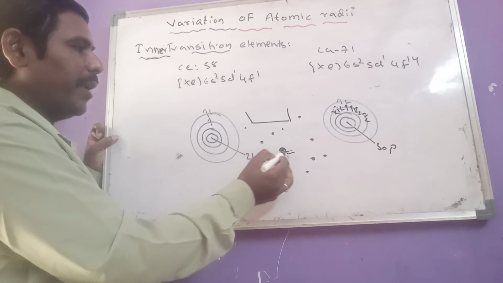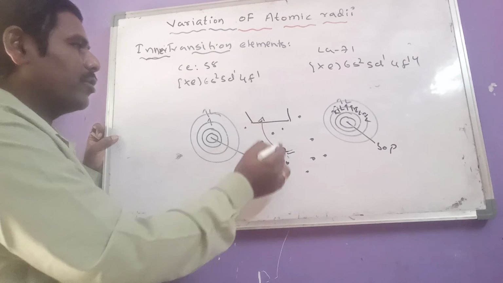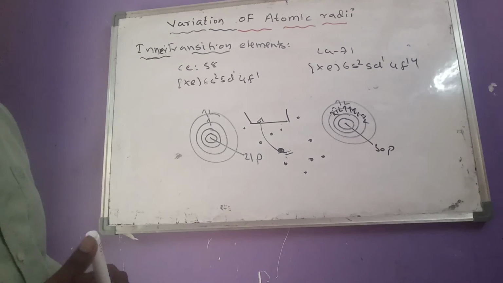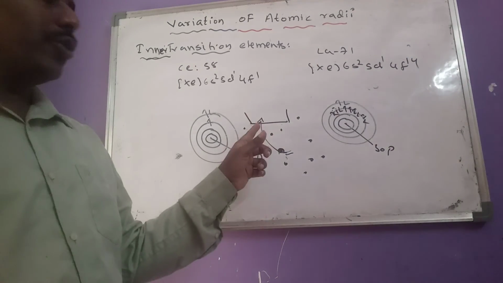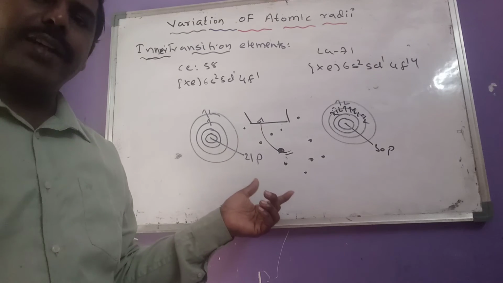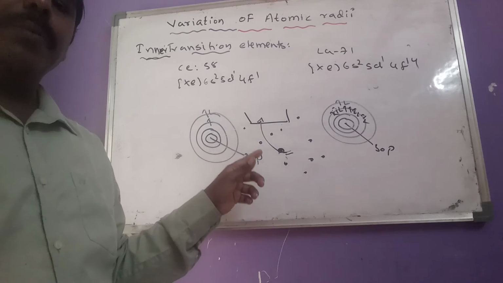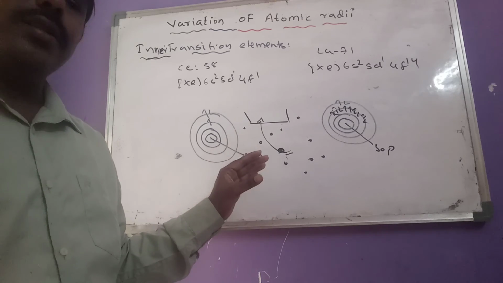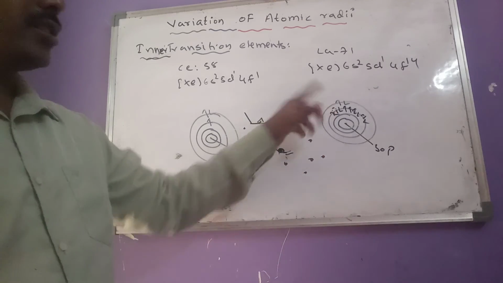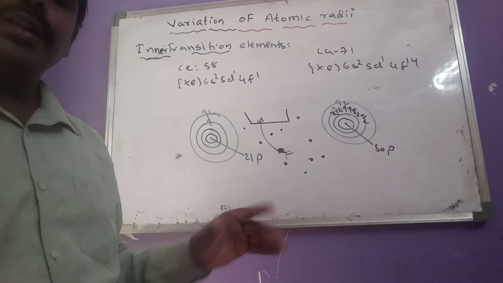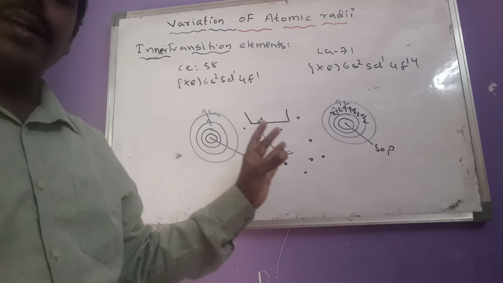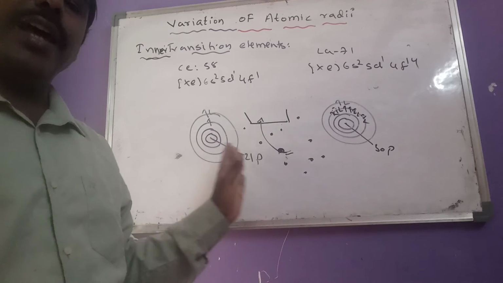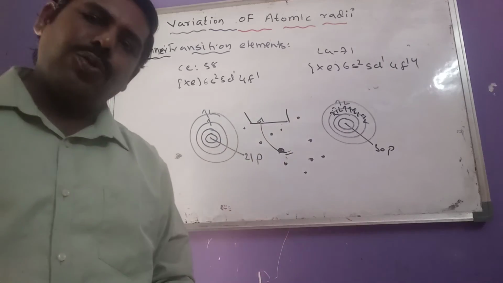So if any player kicks the ball into the goal post, there is more probability of reaching the post. Due to the poor screening effect, these f orbitals, even though 14 electrons are there, do not screen the nuclear attraction reaching the outer orbit. So there is a sudden decrease in atomic radii of lanthanide elements from left to right.